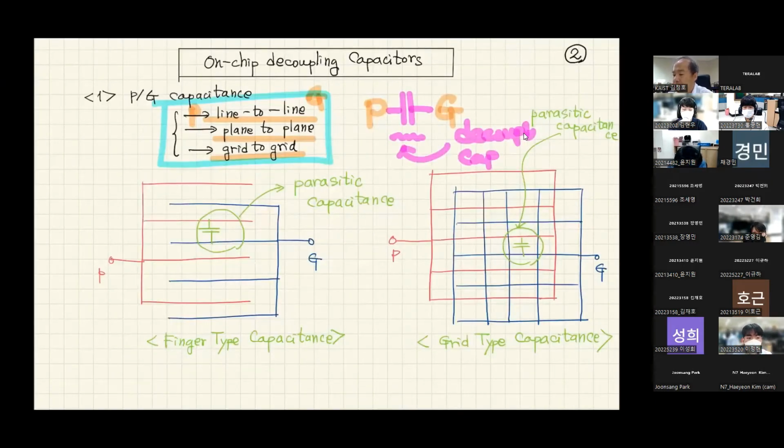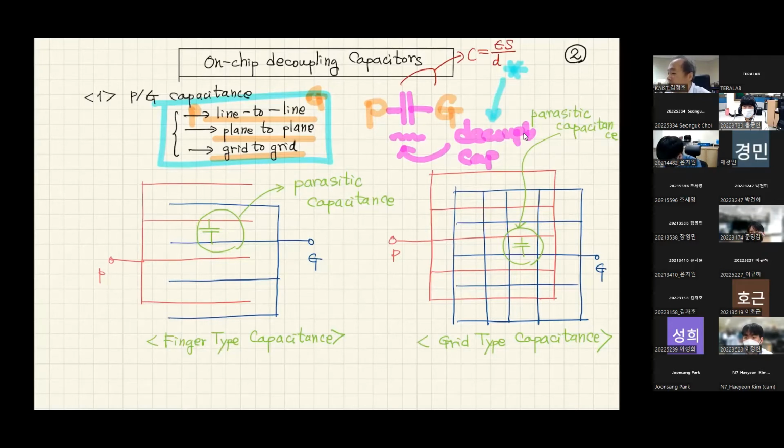So when you are designing power and ground metals inside a chip, you have to design the metal structure which has maximum capacitance between the power and ground planes. You remember that capacitance is epsilon multiplied by surface divided by thickness. This is plane type capacitance.